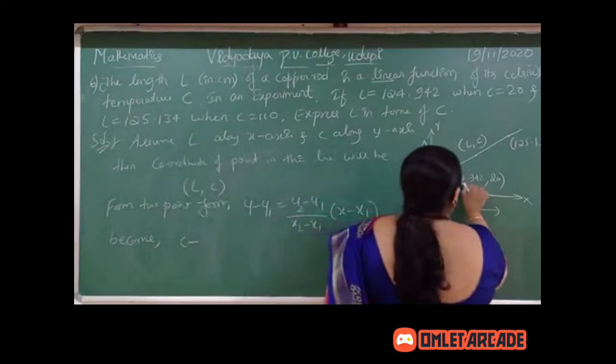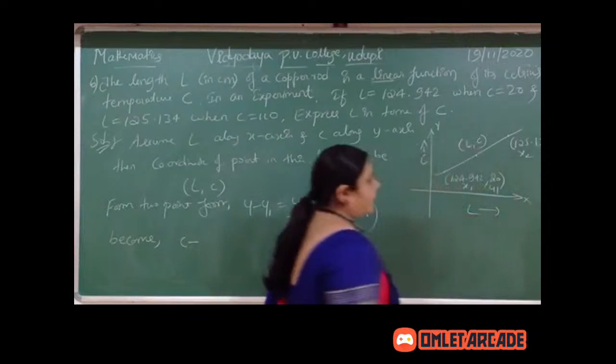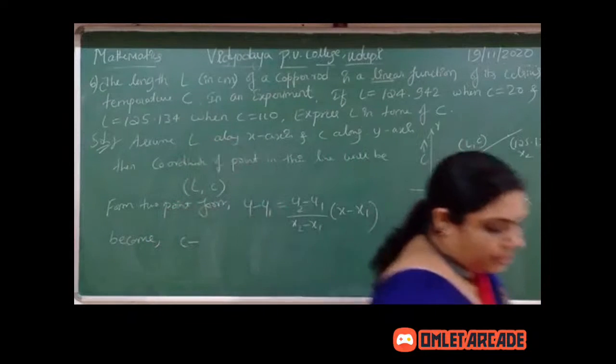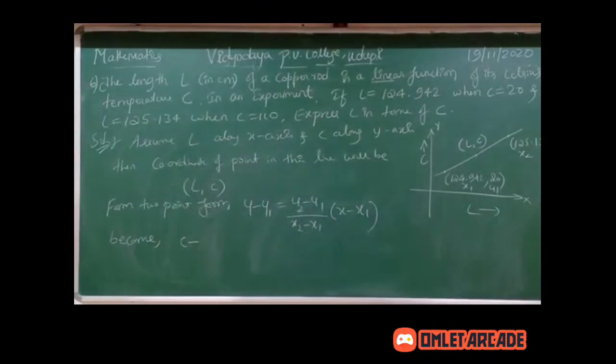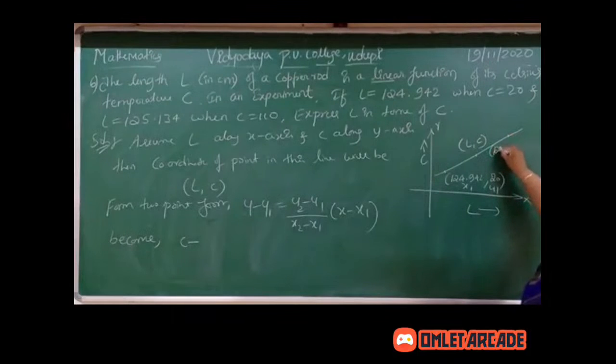We take this as x1, y1 and this as x2, y2. I have written the point 125.134 comma 110.